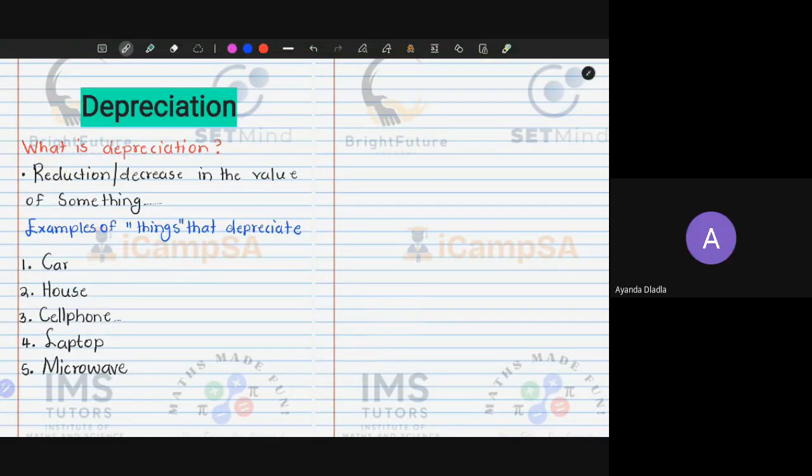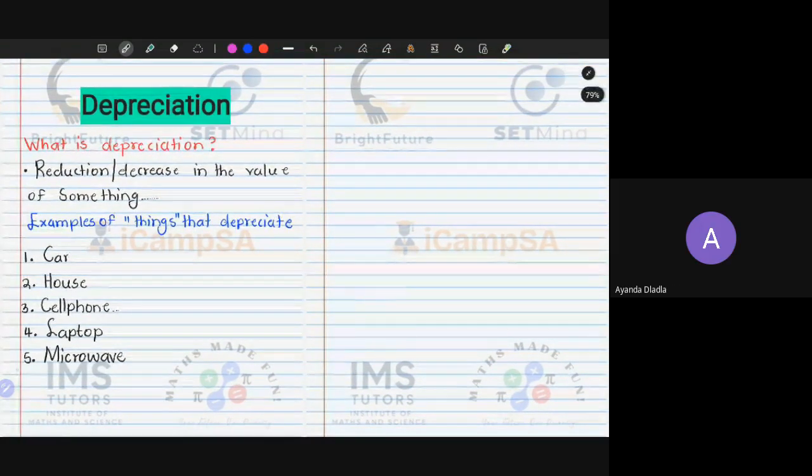Furniture. Do you know that there's furniture which sells for more because it was used by other people? But anyway, that doesn't count. Think, for example, of a chair that was in Mandela's house.